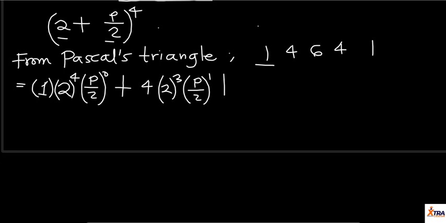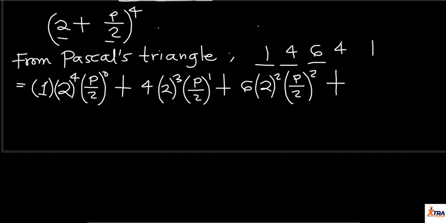Go to the next one. That's the coefficient 6. The power of 2 has reduced from 3 to 2, while the power of p over 2 has increased from 1 to 2. Moving on, the next one, coefficient 4. Now the power of 2 has reduced from 2 to 1, while the power of p over 2 has increased from 2 to 3.